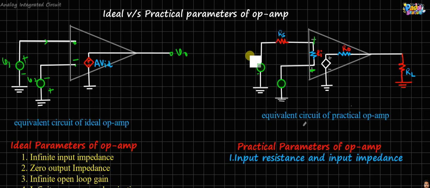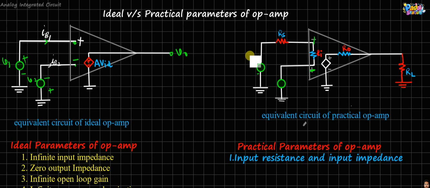Here we have DC sources, plus and minus V1 and V2, and currents IB1 and IB2 flowing through them. This terminal is non-inverting and this one is inverting.